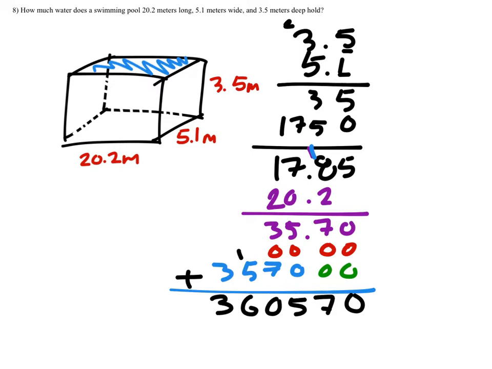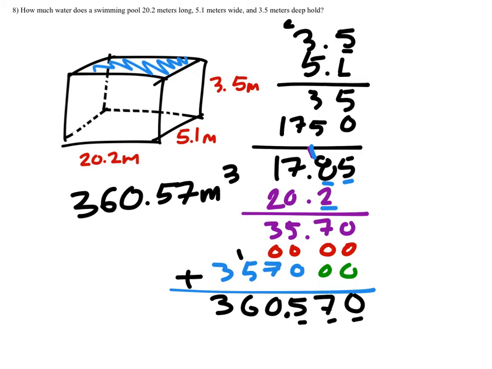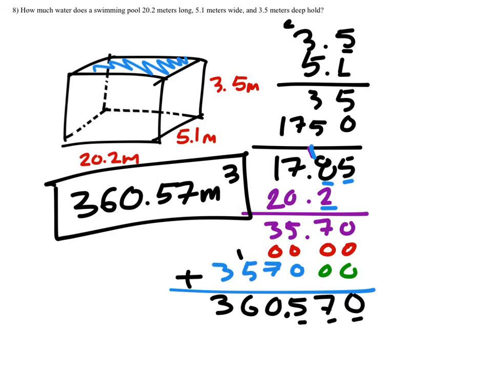And up there at the top we had 1, 2, 3 decimal places. So I'm going to have 1, 2, 3 decimal places as well, making that 360.57. And again, this is volume, so it's cubic meters of water. I don't care if you put water, but the volume's good.